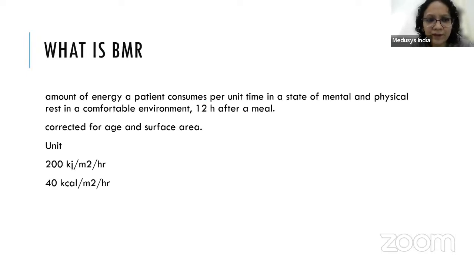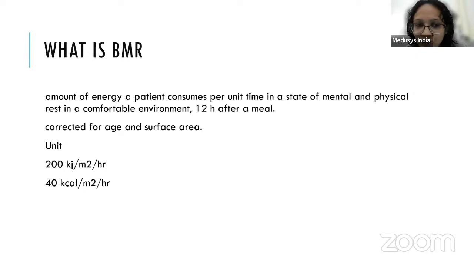Perfect answer, actually. It is the amount of energy a patient consumes per unit time in a state of mental and physical rest in a comfortable environment. The temperature is around 26 degrees, said to be thermoneutral temperature, and it is corrected for age and surface area.